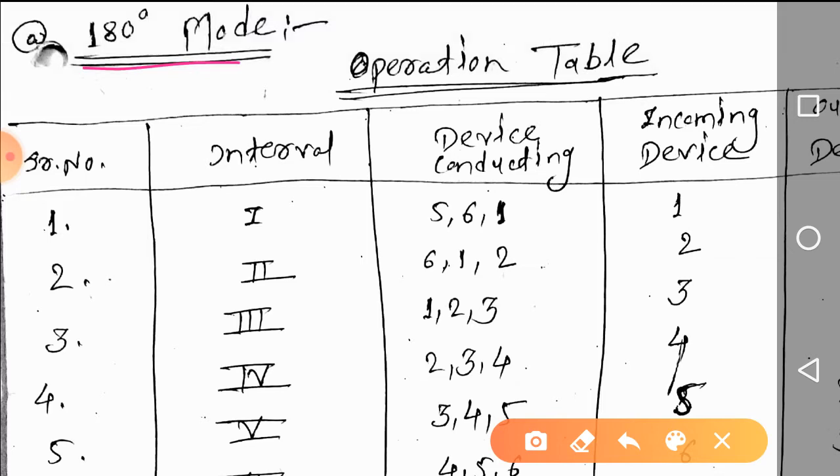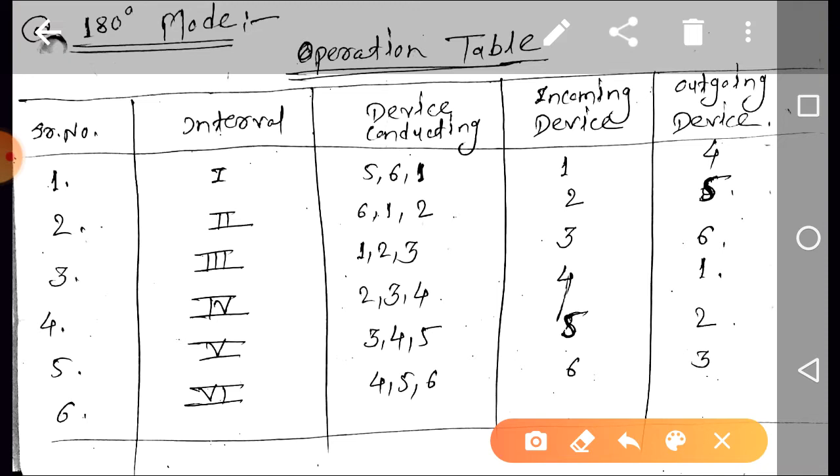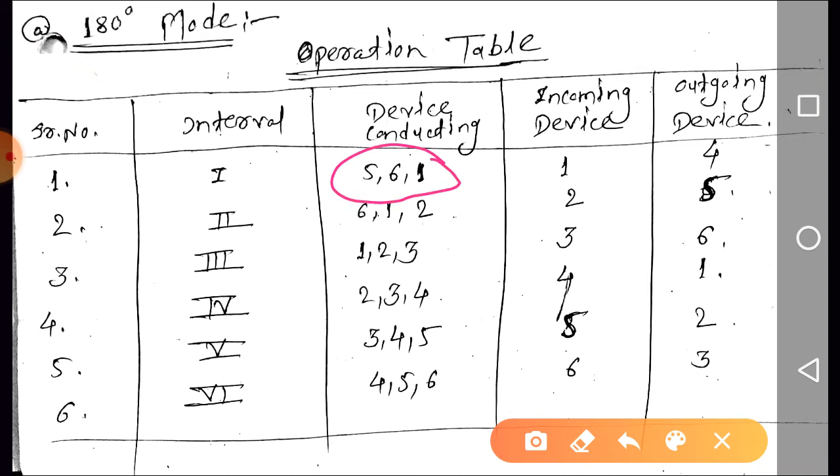Here is the operation table of the 180-degree mode three-phase inverter. We have a total of 6 intervals. At a time in the 180-degree mode, 3 switches will be in the on state, that is, the conducting devices. S5, S6 and S1 will be on during the first interval.